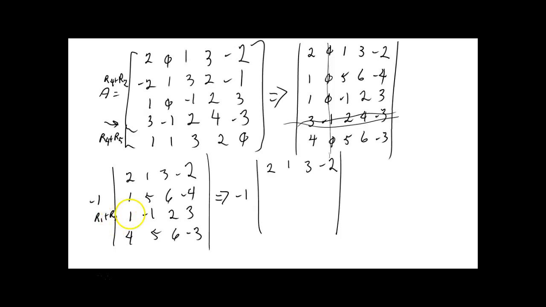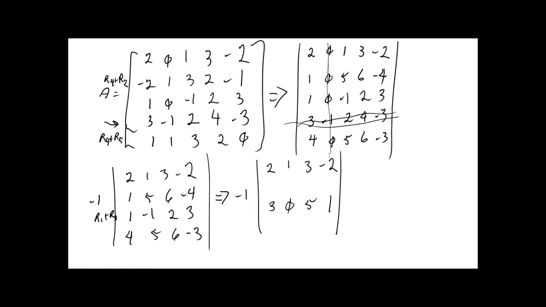But let's go to row 3 and do that. Row 1 plus row 3. What does that give you? 3. Yeah. 0. 5. 1. Okay.